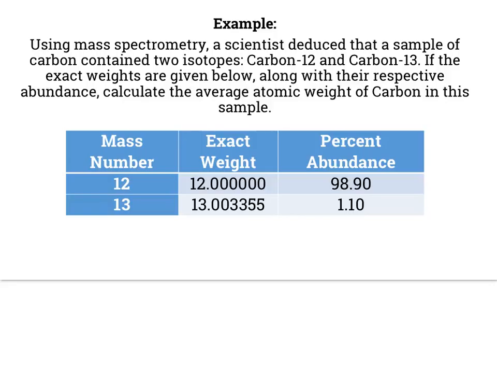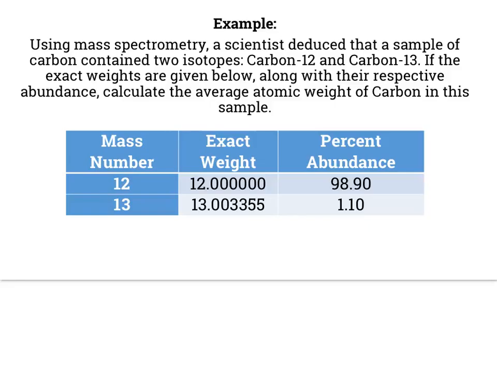We're saying 98.9% of this sample has an exact weight of 12.00000, and 1.1% is this. What's the average atomic weight? It's called a weighted average. Spend a few minutes. Good luck. Come on back in a bit.